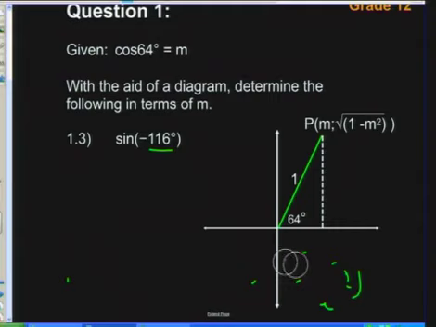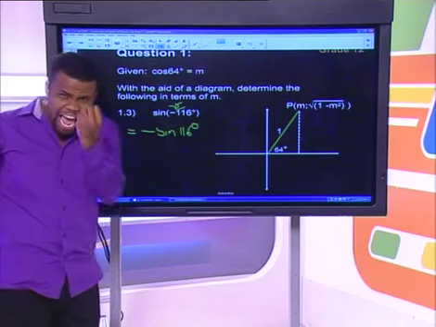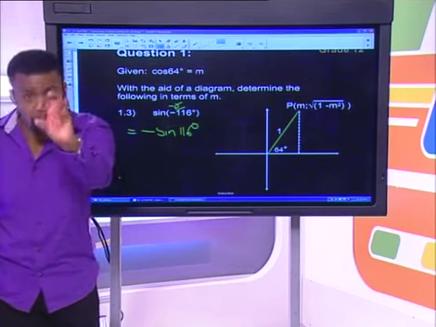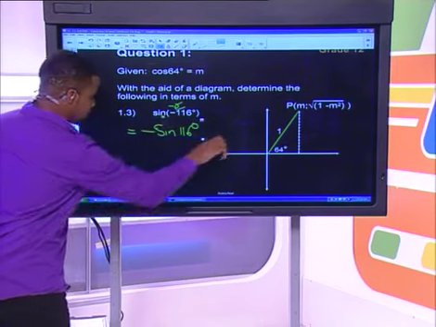How can I get rid of that minus? Because if I had minus x there, I can take this out and say this is minus sine 116 degrees, because minus theta is in the fourth quadrant, and in the fourth quadrant only cos is positive. So this first step is what you can do.